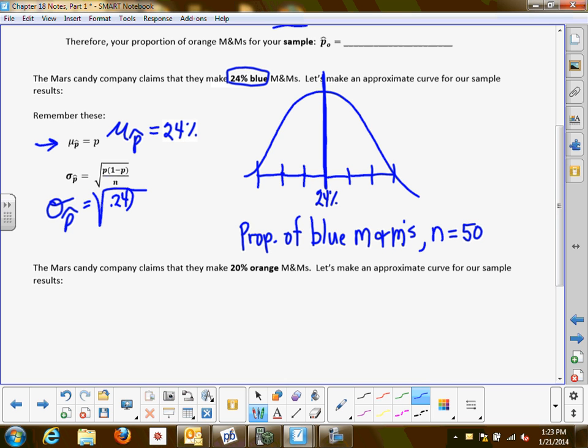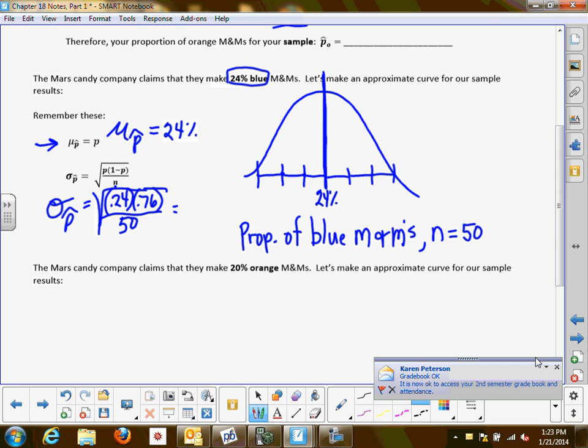That is not what you got. It's the population claim, divided by n, which is 50. The sample size is what n represents. Okay? So that number is 0.0603. For simplicity's sake, I'm going to say 6%.